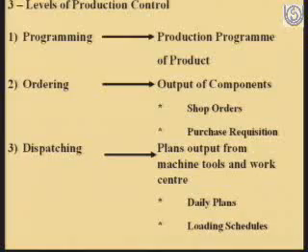So output of components. These components or sub-assemblies may be manufactured by your own organization, or supplied by some outside party. If they have to be supplied by an outside party, then you have to give them an order. That we call the purchase requisition. Unless you tell the outside party to supply, that party is not going to supply you. And that party will also take some time to supply. That we usually call the supply lead time.